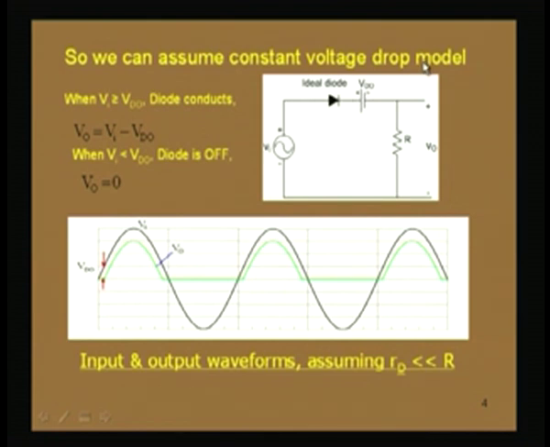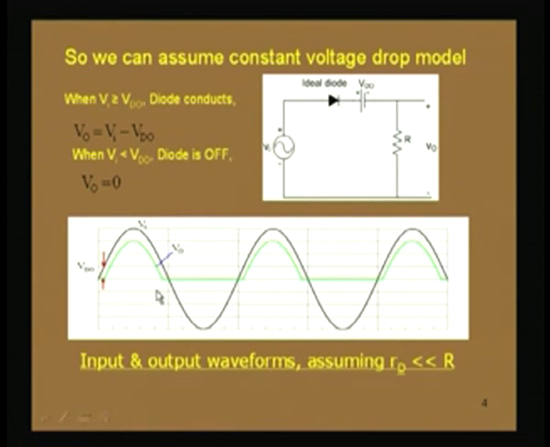So, now in the positive half cycle of the signal, if we consider the instantaneous input voltage V_I, whenever it is greater than V_D0, the diode will start conducting. So, the voltage output V_0 will be V_I minus V_D0.